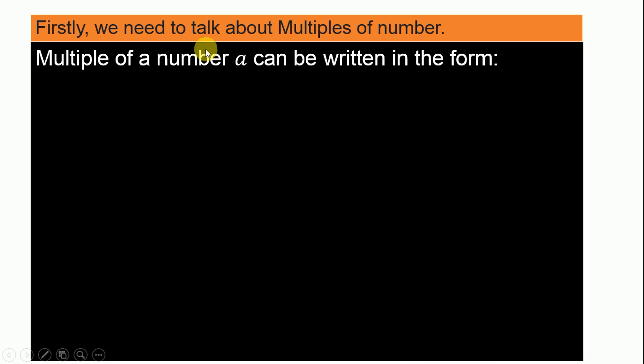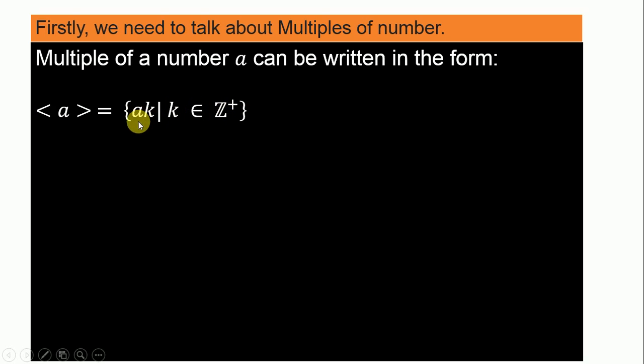Multiple of a number, say A, can be written in this form. It is going to be written like a span of A. So this is the symbol of multiple of A. It is the set of AK such that, whenever you see this line, it means such that, this K belongs to the set of positive integers.